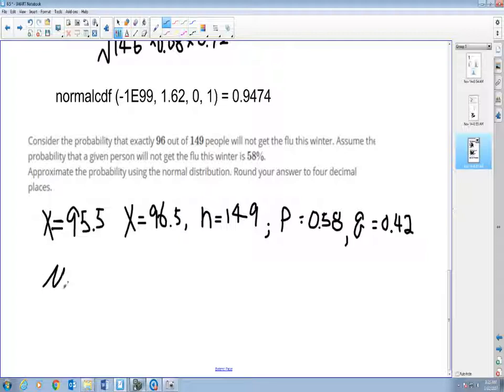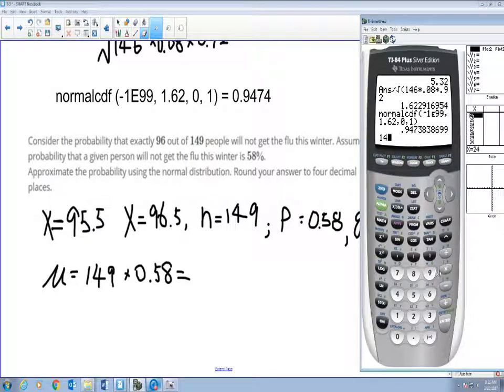Alright, so my mean is the average of people that will not get the flu, n times p. If you put this in a calculator, 149 times 0.58, 86.42.